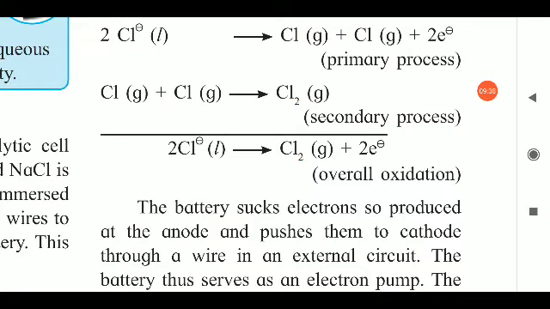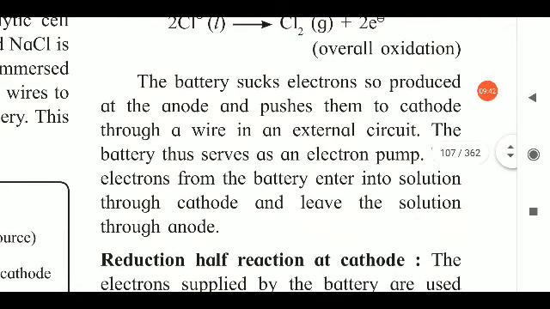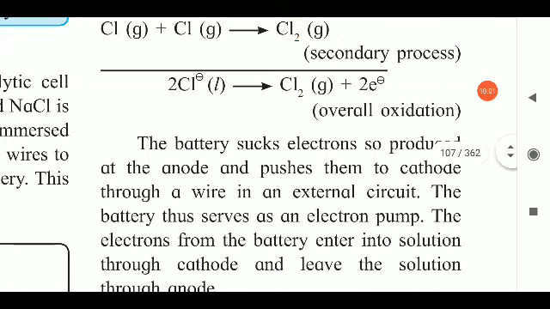Now students, the battery sucks electrons produced at the anode and pushes them to the cathode through a wire in an external circuit. All of you have understood how the electrons get to the anode.